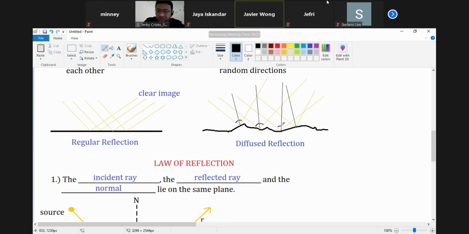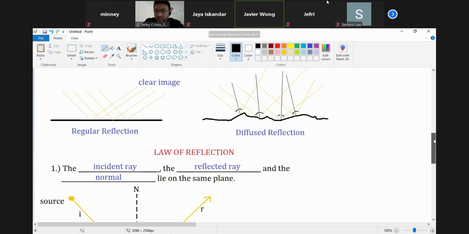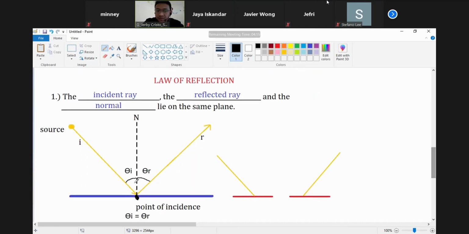Sure, I want to ask. Yes, Javier. Is the angle of reflection plus angle of incidence equal to 90 degrees, or is it random? Should it be equal to 90 degrees? Well, as you can see here in the diagram, angle of incidence and angle of reflection are acute angles, so they are less than 90 degrees.